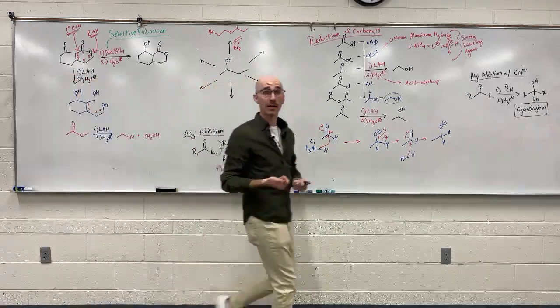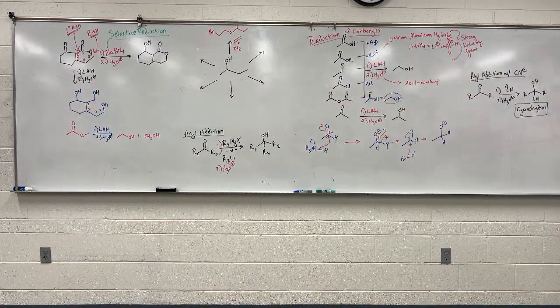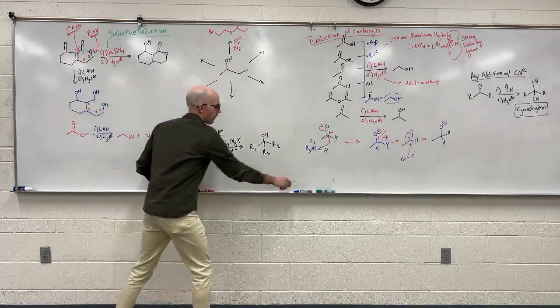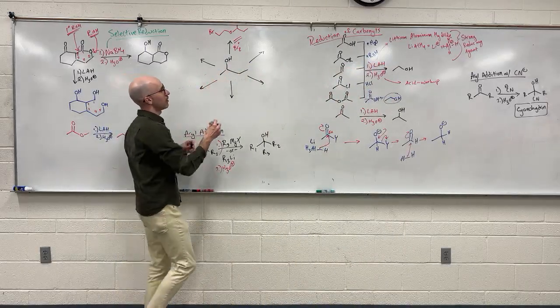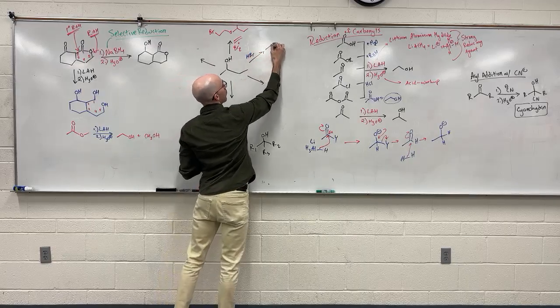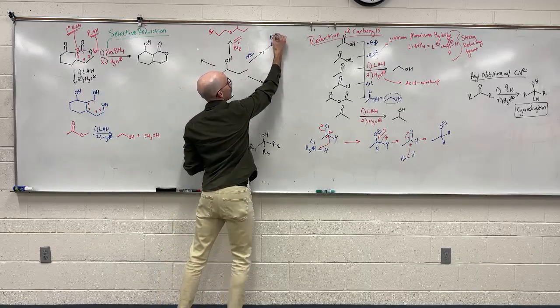What else did we see that we could do with alcohols back in OChem 1? Back early in the semester too. We saw that we could do SN1. I can take an alcohol and I can react it with HBr and I can make an alkyl halide.